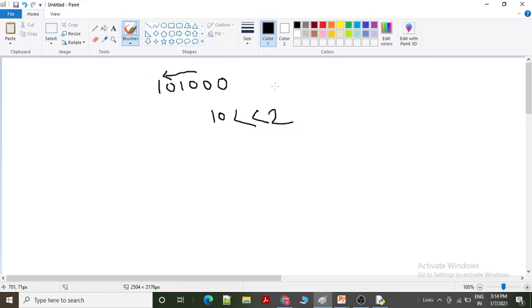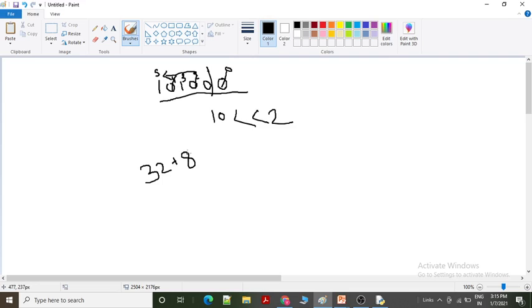Now what will be the output if 2 bits are added here? So let's check the output. That is 0, 1, 2, 3, 4, 5. We have to find the decimal first. We have to calculate the power of 2. So 2 to the power 5 equals 32, plus we have to remove the 0 values first, because as we know the multiplication by 0 is always 0, and 2 to the power 3 equals 8.